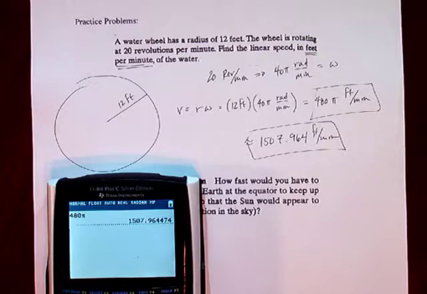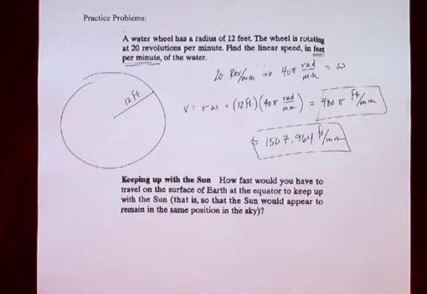Okay, well, let's take a look at another problem. Keeping up with the sun. Now, how fast would you have to travel on the surface of the Earth at the equator to keep up with the sun? That is, so that the sun would appear to remain at the same position in the sky.